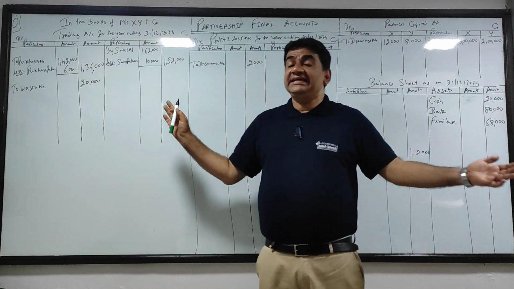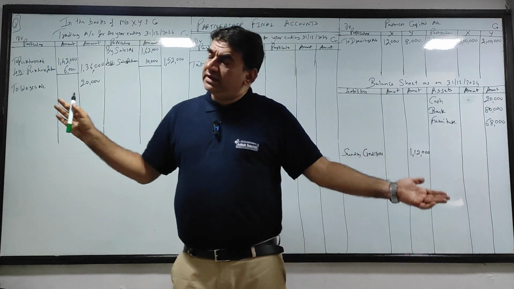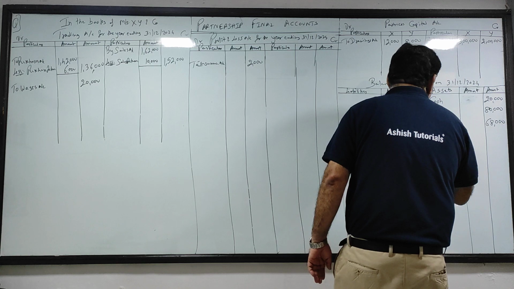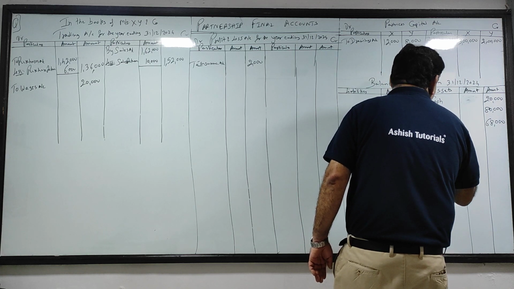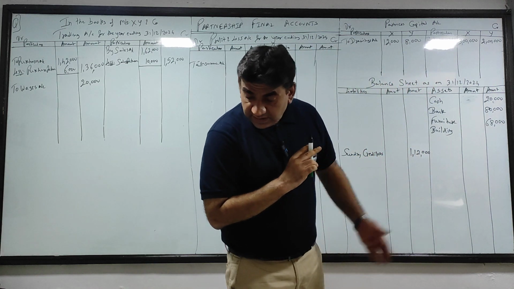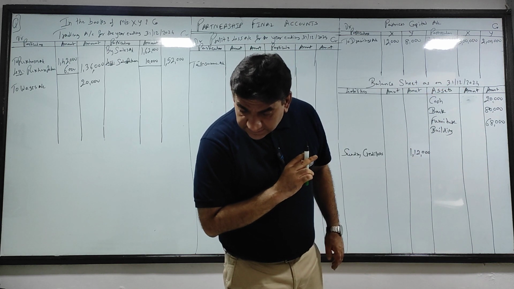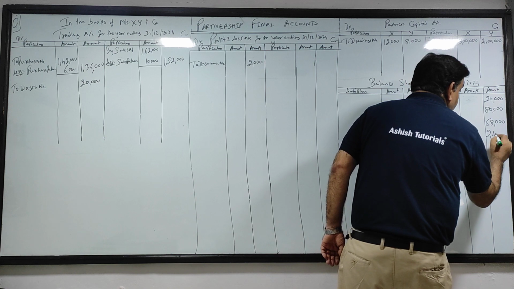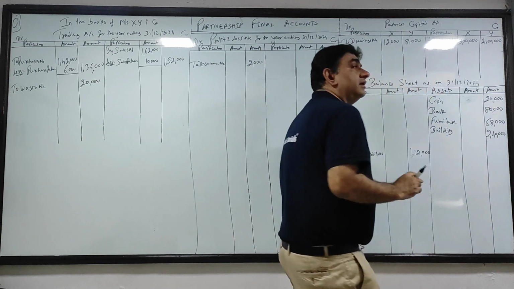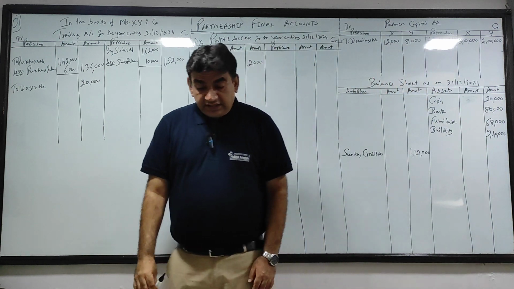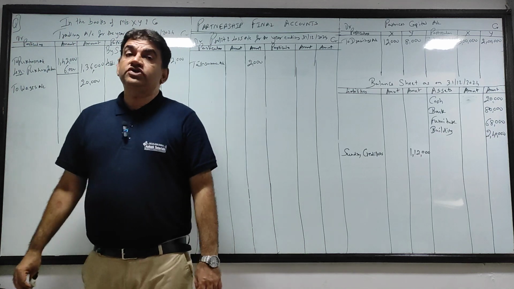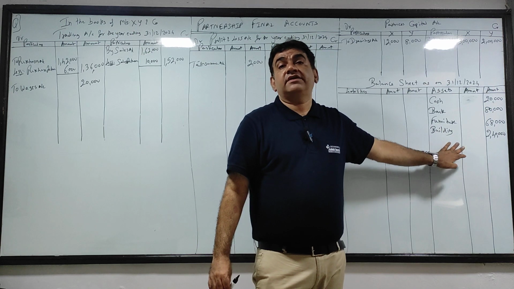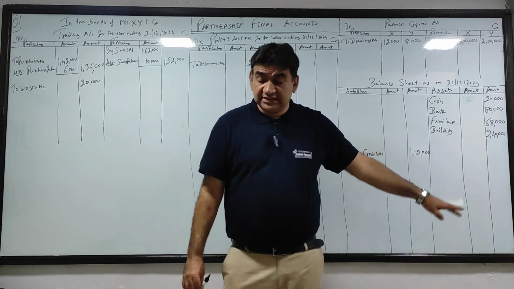Building for us is again a property, therefore asset for us. So come to the asset side, right there. Building, कितना है building? Building is 2,40,000. Come to the asset side, right there, 2,40,000. Clear? So furniture and building, our property, therefore asset for us.